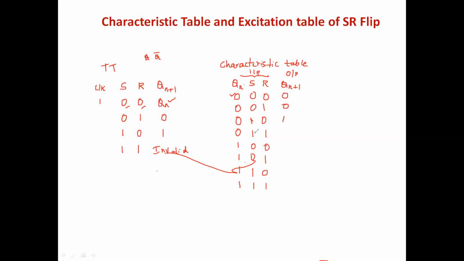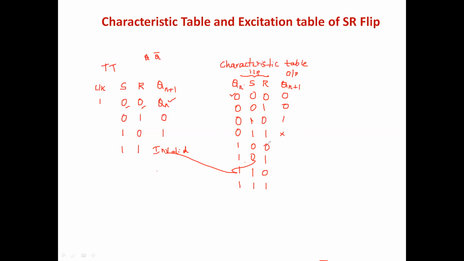Next, when both are 1, when S is equal to 1, R is equal to 1, it is invalid condition. So what is that invalid condition? Here it is not valid.